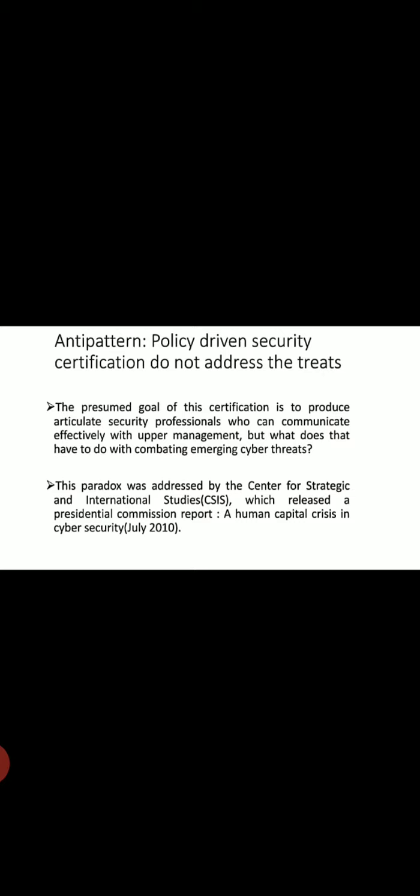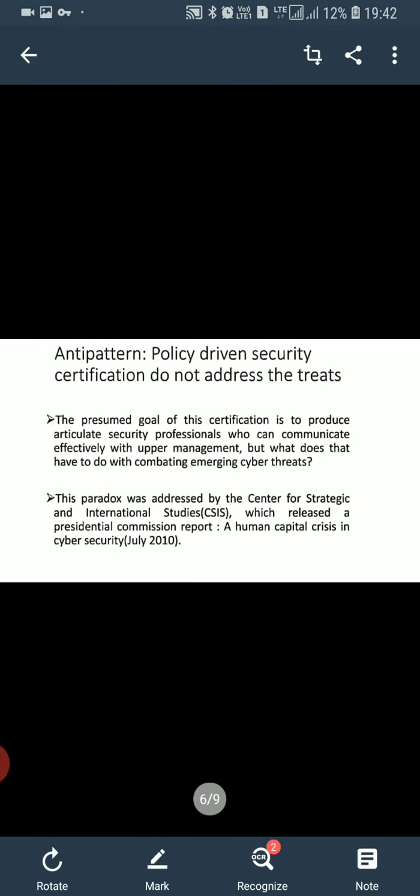Then, what does that have to do with the emerging cyber threats? This paradox was addressed by the Center for Strategic and International Studies, CSIS, which released a report in July 2010 named A Human Capital Crisis in Cybersecurity.